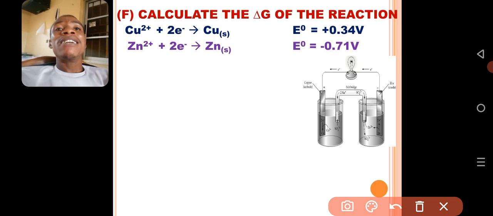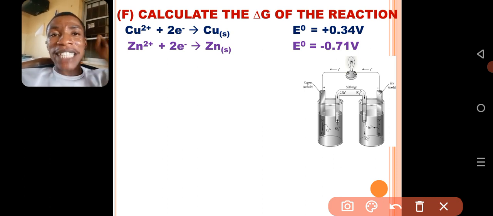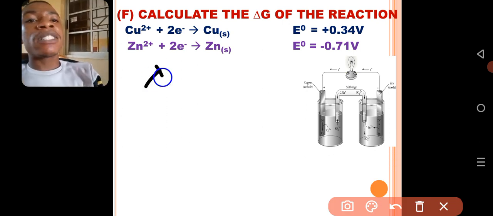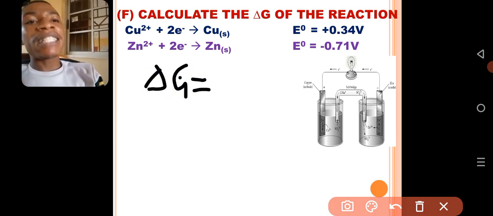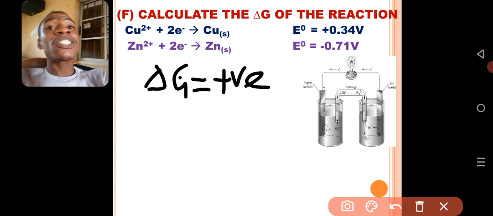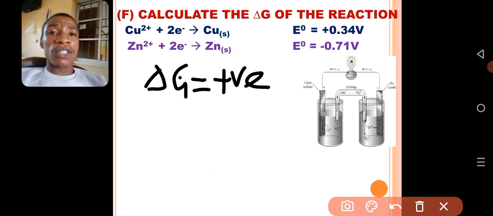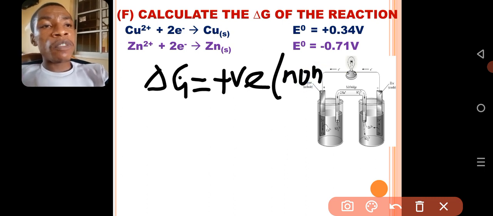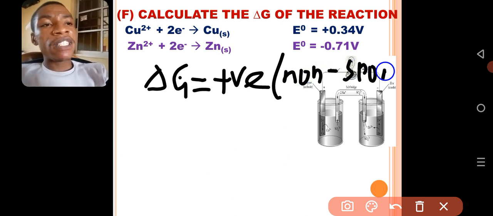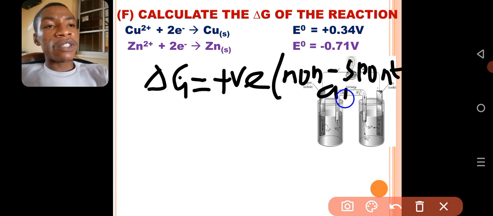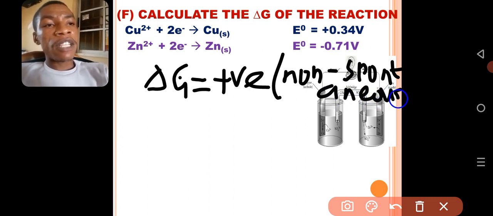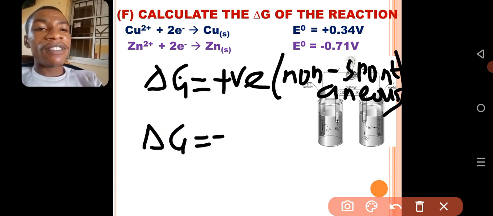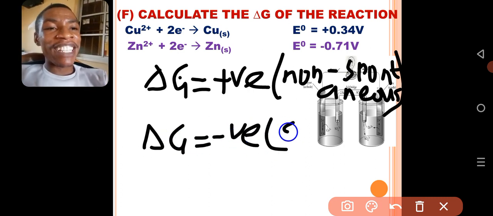That's the major usefulness of delta G. And whenever your delta G is positive, the interpretation is that the reaction is not spontaneous. The reaction will not occur on its own. Non-spontaneous when it's positive. But if your delta G is negative, it means the reaction is spontaneous.